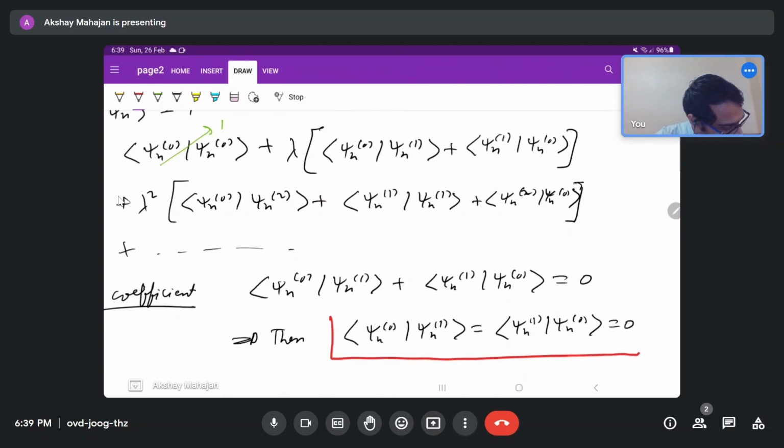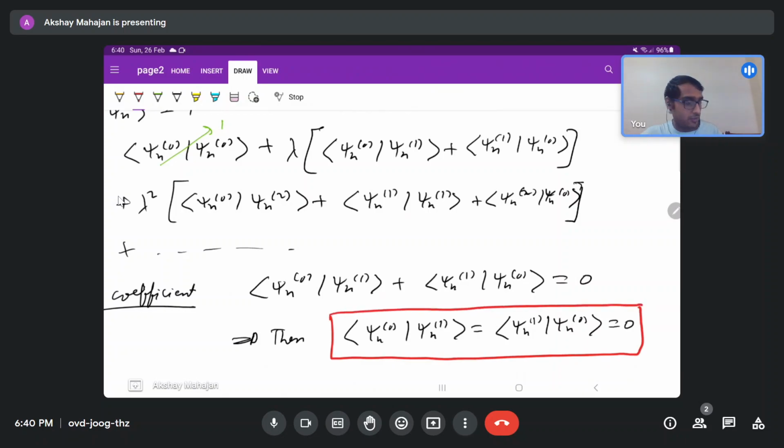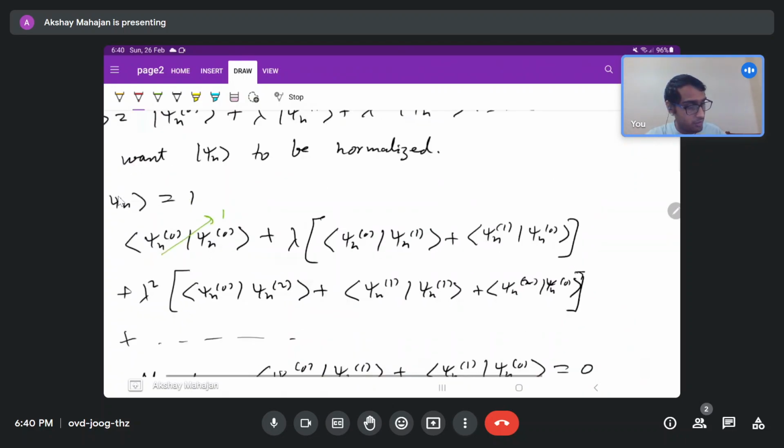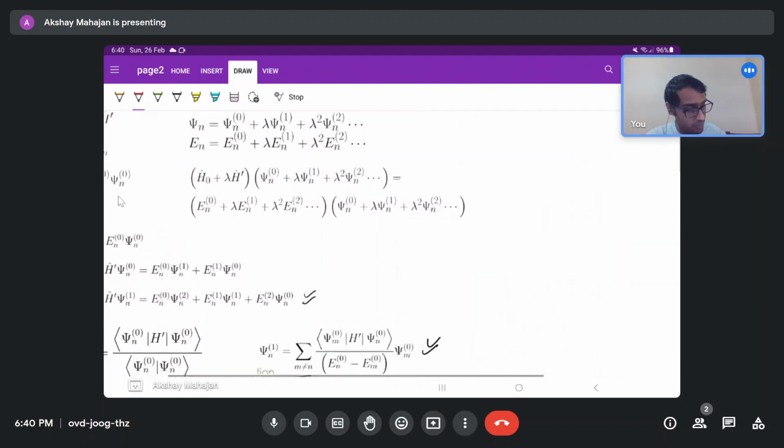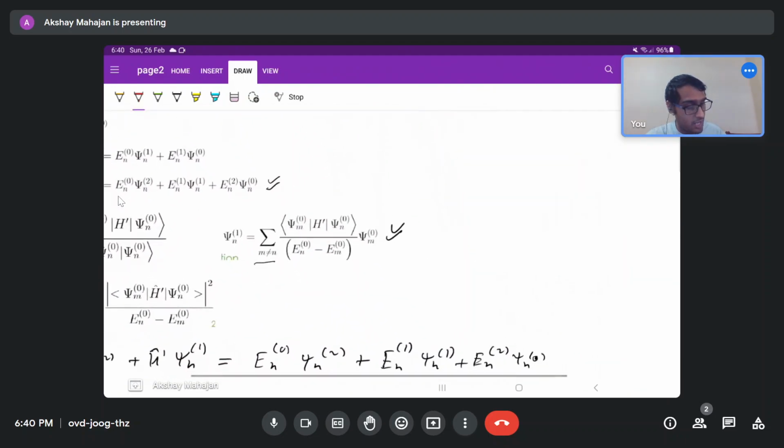So what we have found is that the first order correction wave function is orthogonal to the 0th order wave function, and that we got from here as well. When we derived this psi function, we saw that m is not equal to n, so from there also we can say that it is perpendicular.